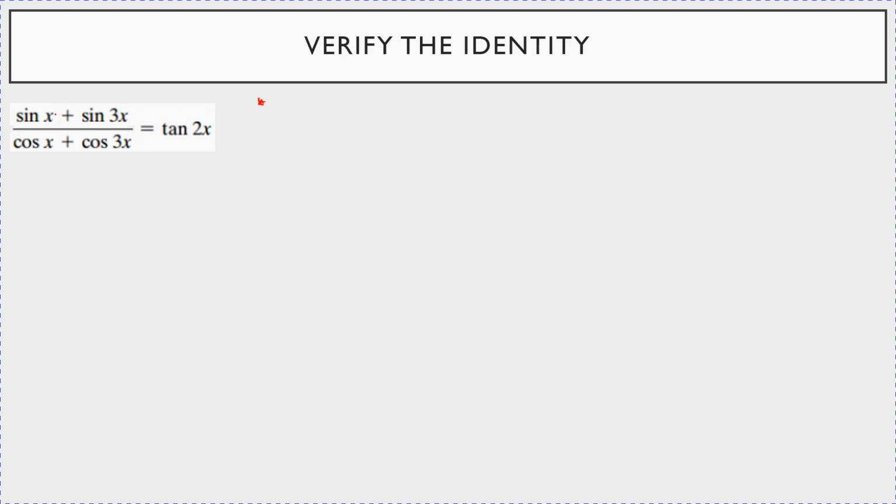All right? And look, you have sums. And you know what you might want to do? You might want to take these and write it as a product. So start on the left-hand side, and you're going to use the sum to products formula.